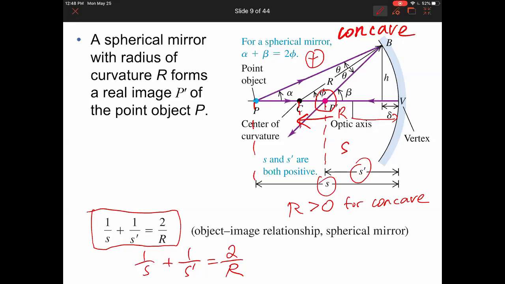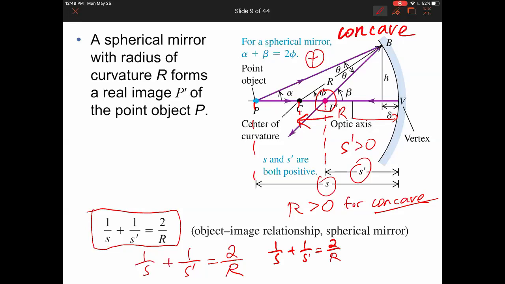That means S prime is also positive for the concave mirror. So I have image position positive and radius positive, because both of those things are in front of the mirror. This equation is known as the object-image relationship, or spherical mirror equation. Technically this also works for plane mirrors. So 1 over S plus 1 over S prime equals 2 over R.